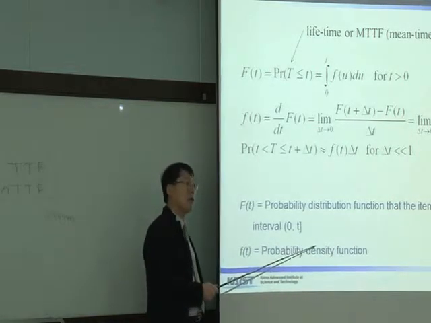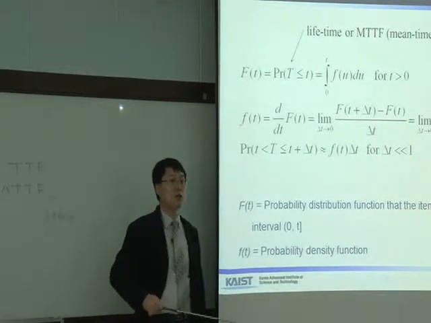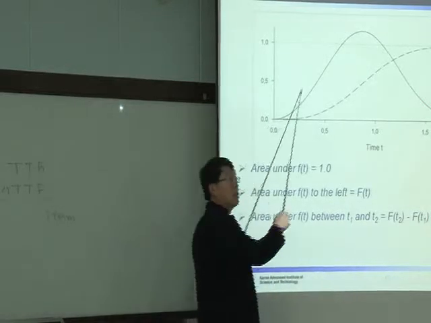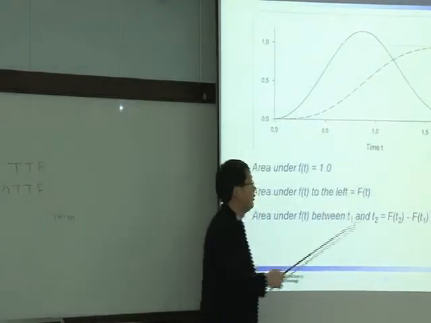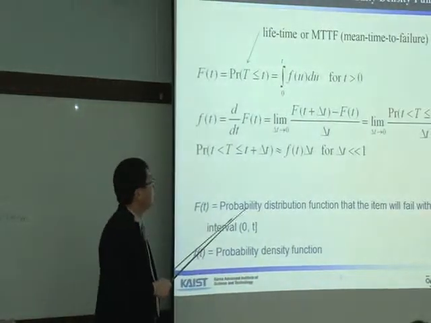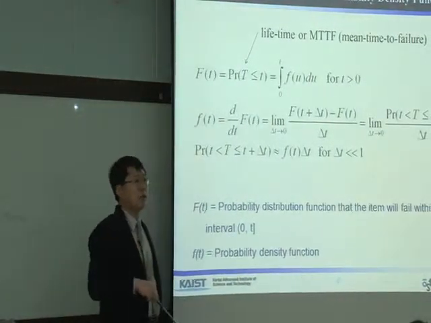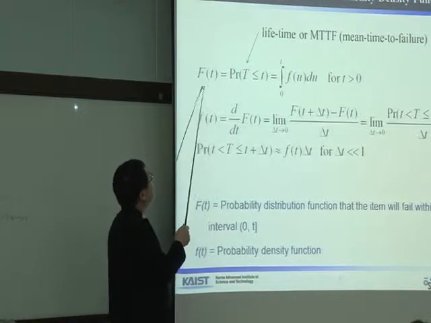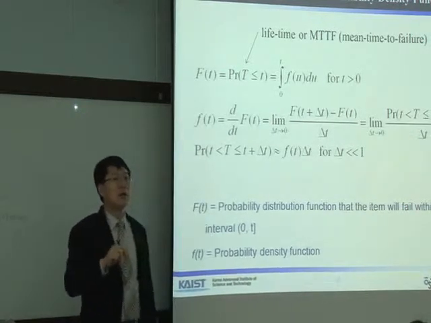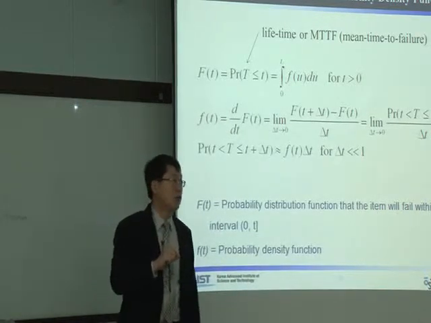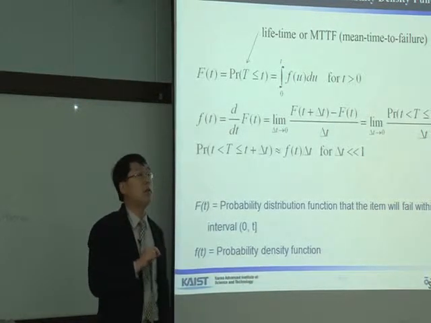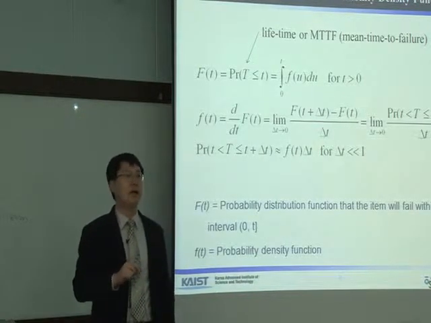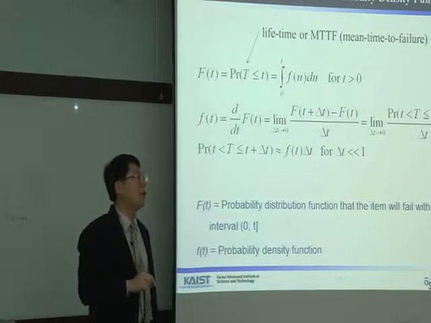Small f(t) is a density function, and a density function always has a shape like this. The probability function is the integral of the density function. The probability function has meaning; the probability density function actually has no meaning in itself. It's not that apparent.